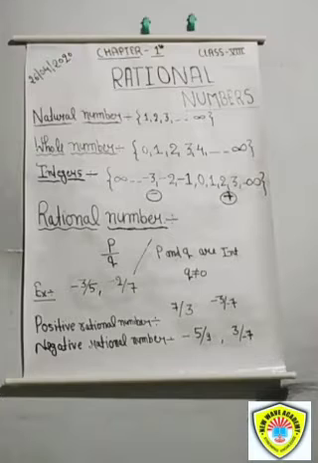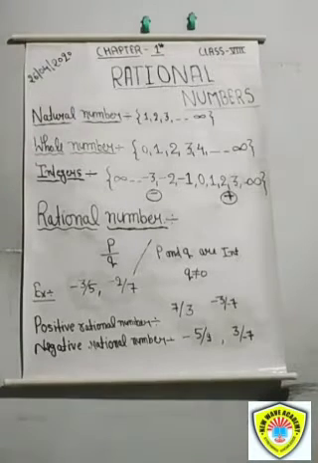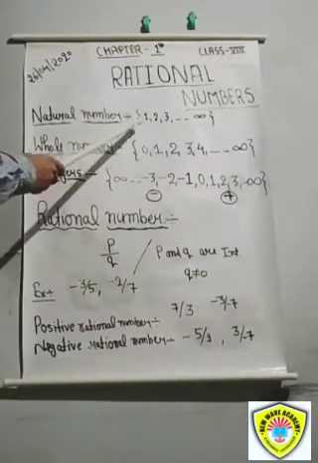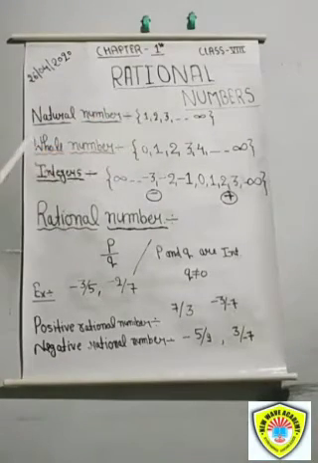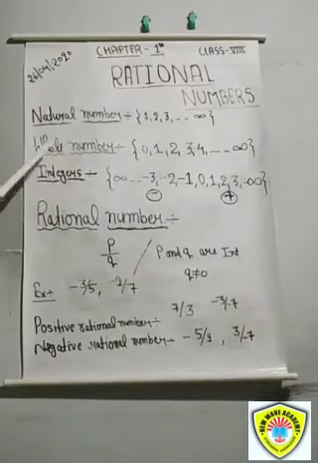Before starting rational numbers, we are discussing some concepts from previous classes like natural numbers, whole numbers and integers. What are natural numbers? Natural numbers are those numbers which start from 1, like 2, 3, and go to infinity. What are whole numbers?